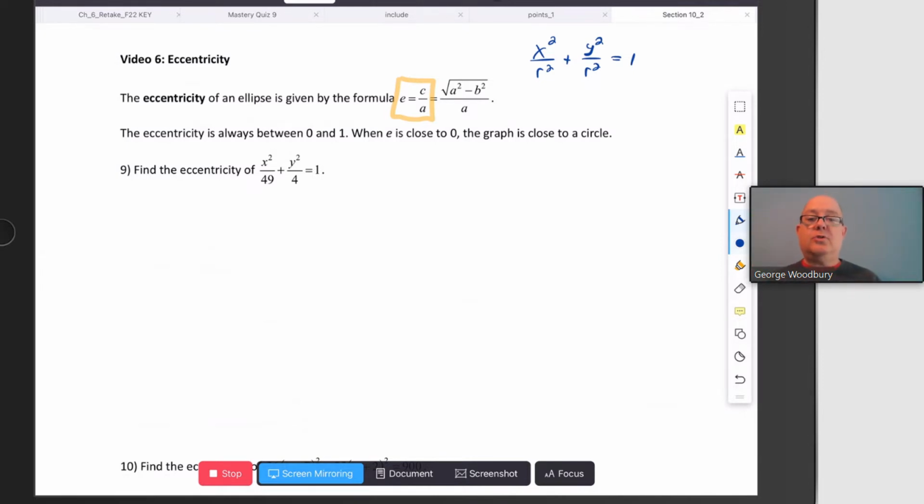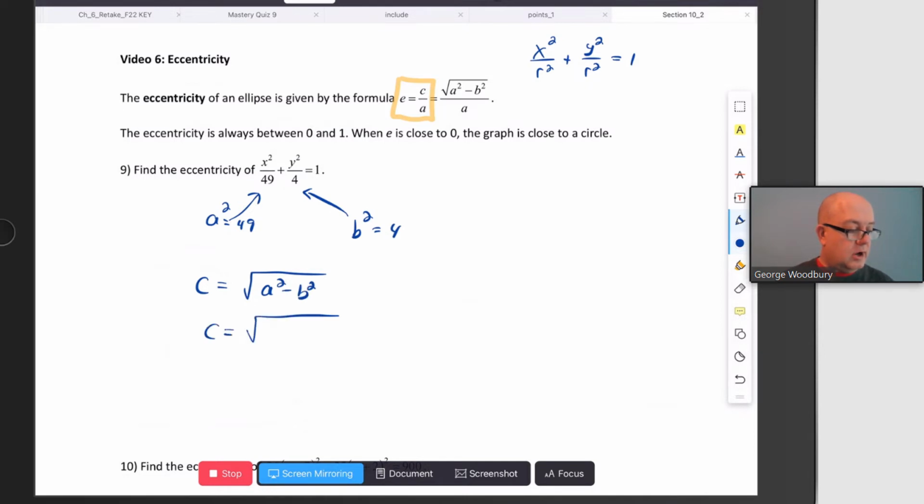So in this first problem, we've got x squared over 49 plus y squared over 4. A squared is 49, the larger of the two denominators. B squared is 4. So c, in this case, would be the square root of a squared minus b squared.